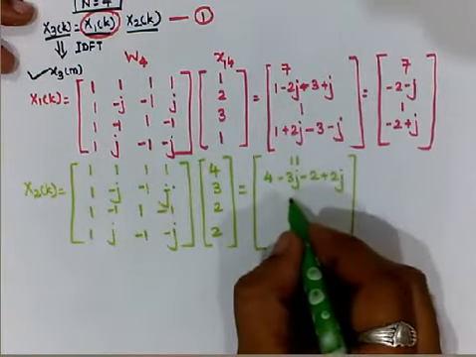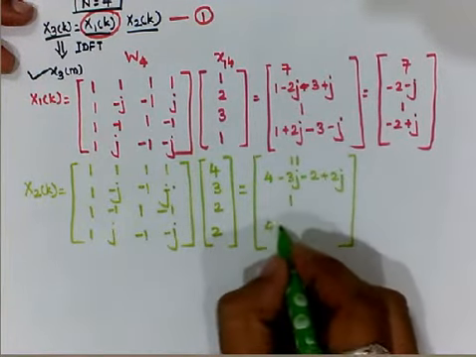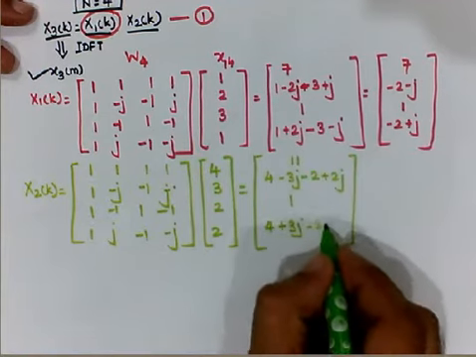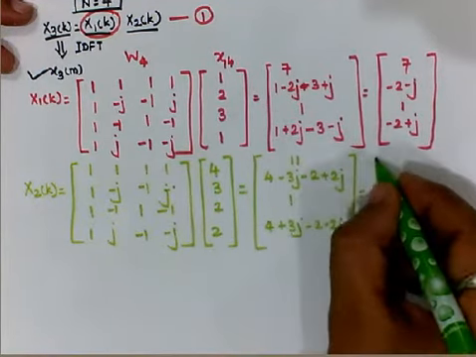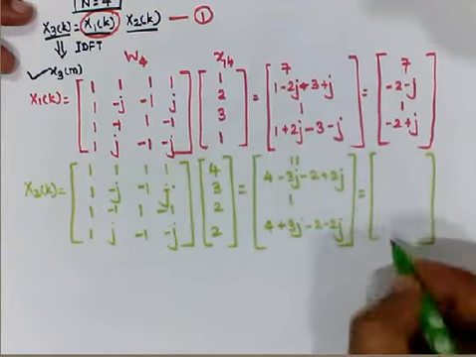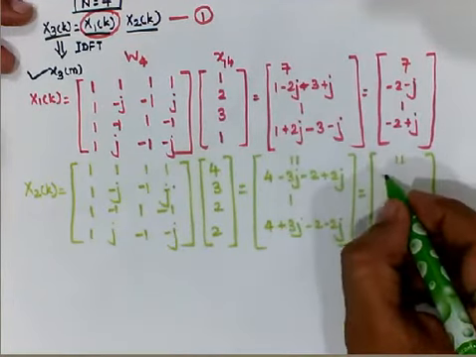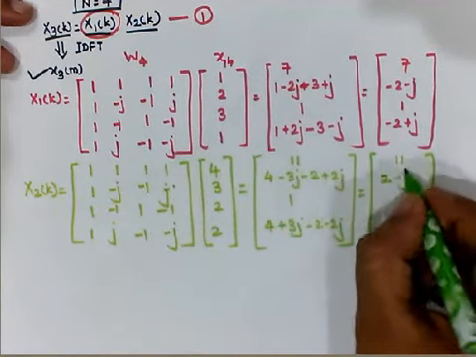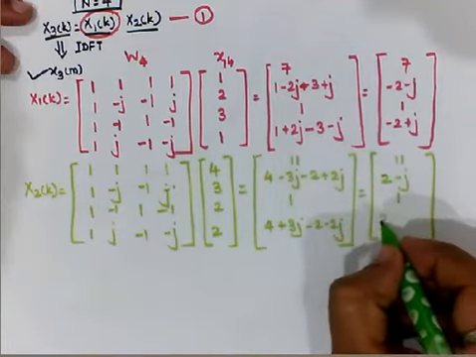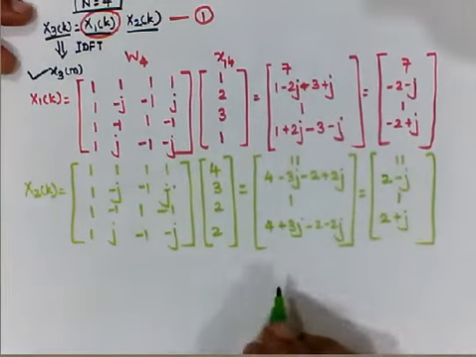So this is nothing but 1. This is 4 plus 3j minus 2 minus 2j, which is equal to 11. This is 2 minus j, then 1, 2 plus j.